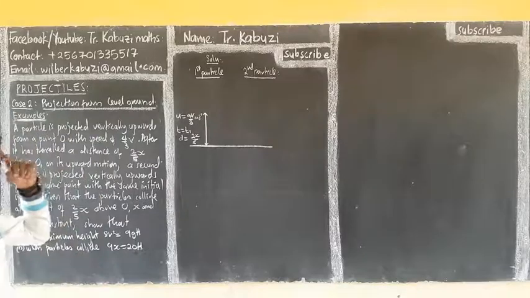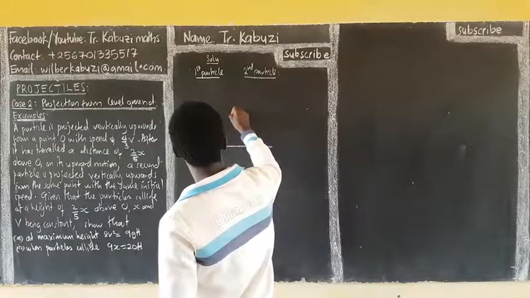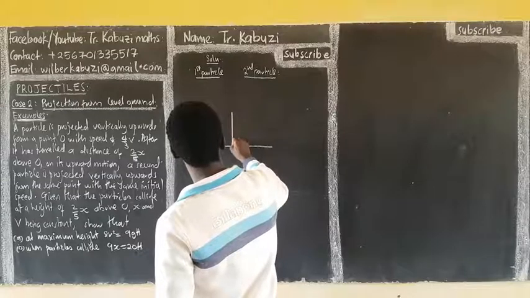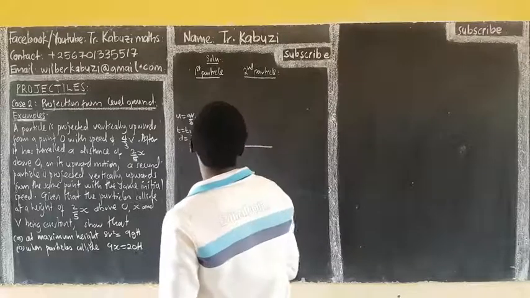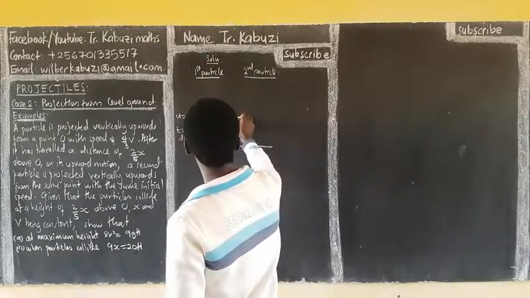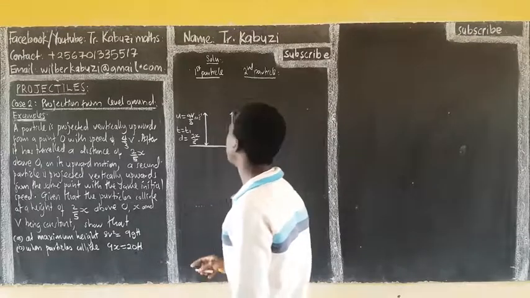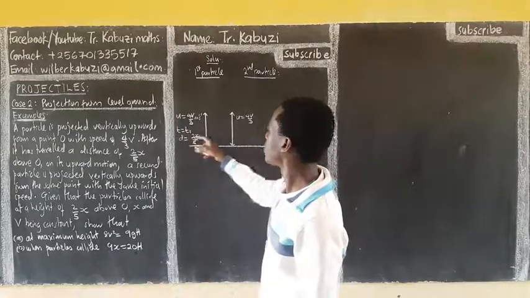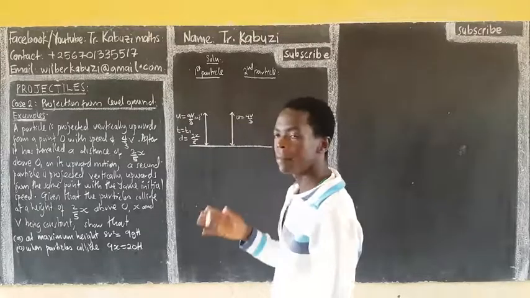When that covered that distance, then another particle was projected from the same point. Assume this is the same point. Now, at the same speed, 4v over 3, it means that after t, it's going to cover the same distance because they are at the same point and the same speed.